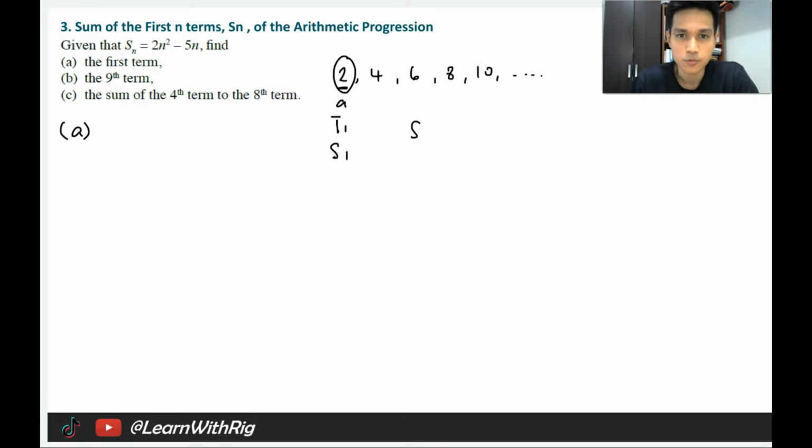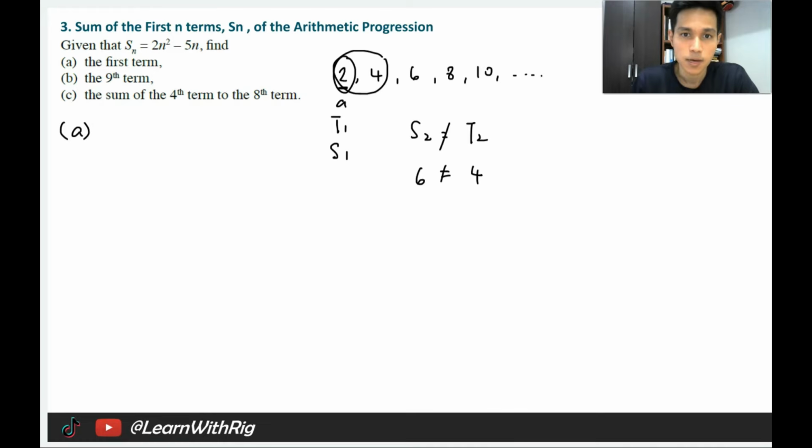If I say the sum of 2 terms, I must take 4 plus 2. So I cannot say that S2 is equal to T2, because T2 is 4, but S2, the sum of terms, is 6 because 4 plus 2. So you cannot say they are equal.